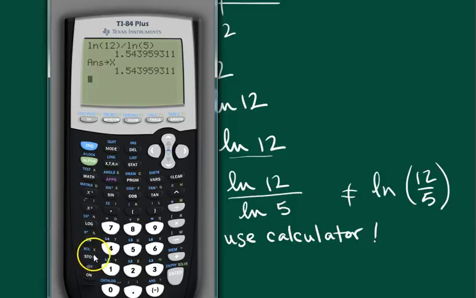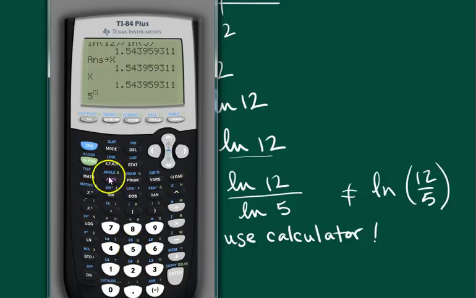Now, what I do there is I press store and then a variable name x to put it in. Now if I say, what's x? There it is. Okay, so what was the initial question? It was 5 raised to what power is 12? So 5 raised to this power is 12, just the way we want.